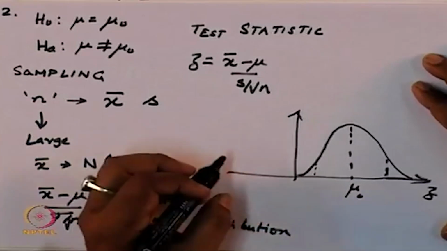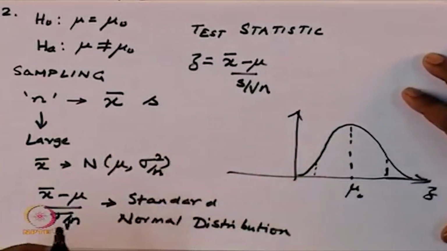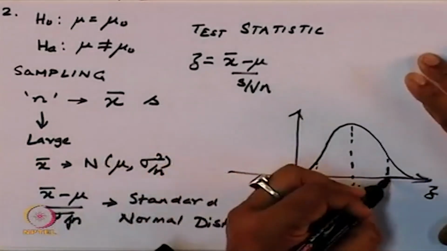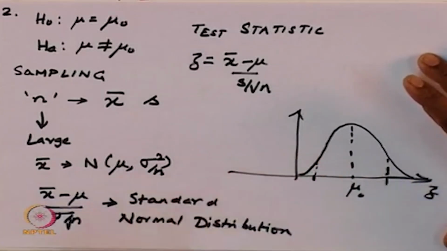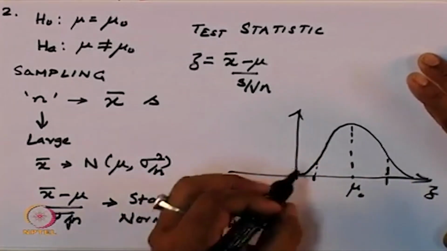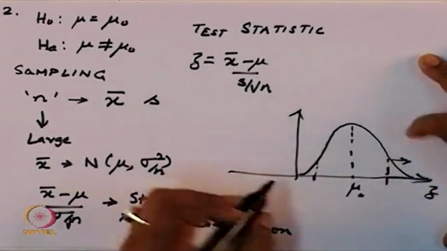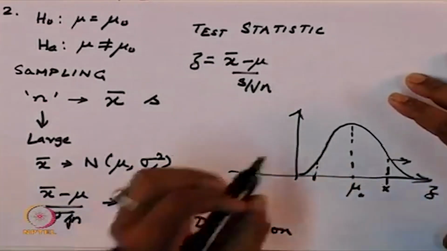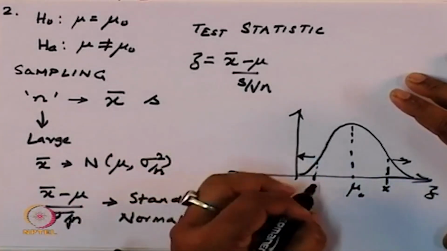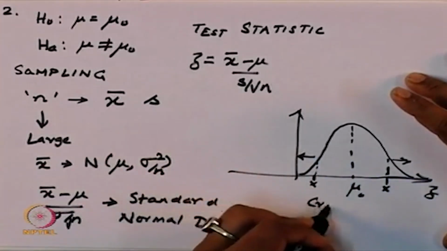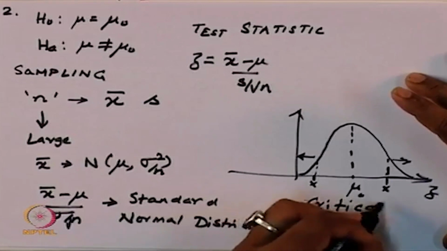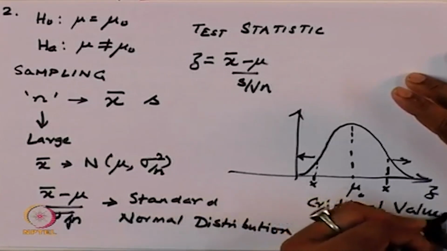So, you decide based on what is called a rejection region. Let us say, for a two-tail test, the rejection region is when your value of z is either greater than this particular threshold, or it is less than this threshold. Okay. So, these values are called the critical values.